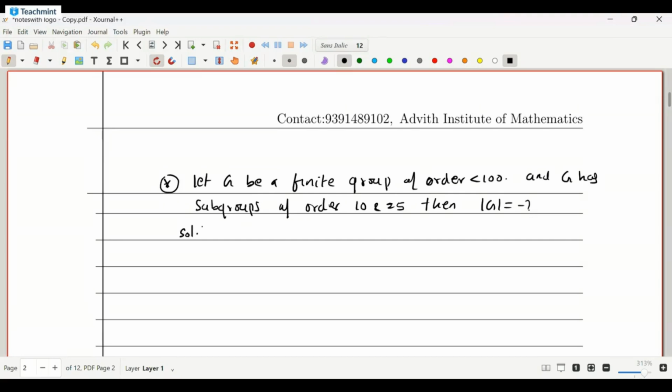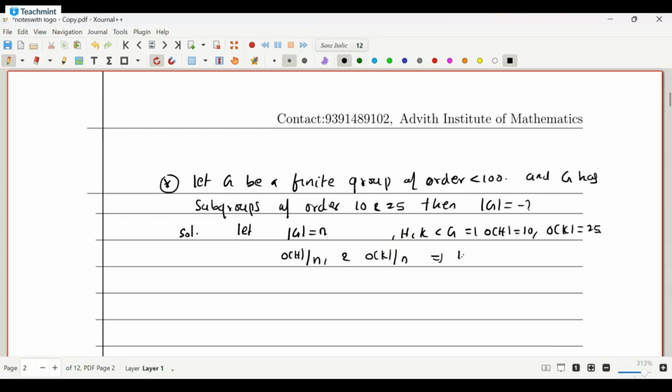Solution. Assume that G is a finite group, so the order of G is equal to some n. By Lagrange's theorem, since H and K are subgroups of G, the order of H is 10 and the order of K is 25, which implies the order of H divides n and the order of K divides n.